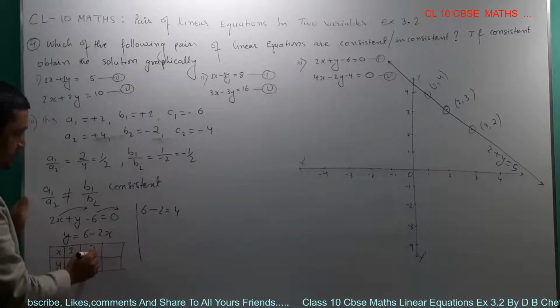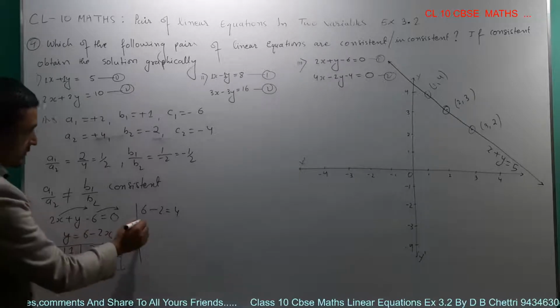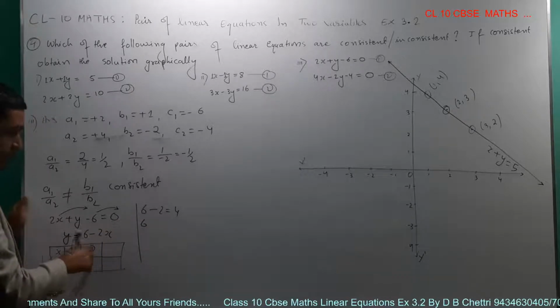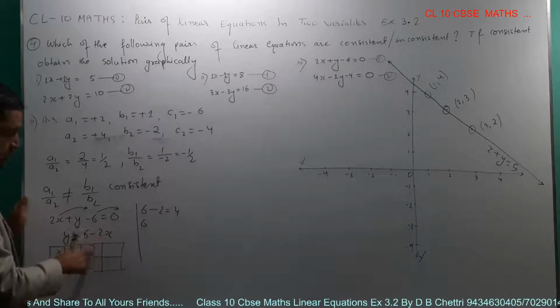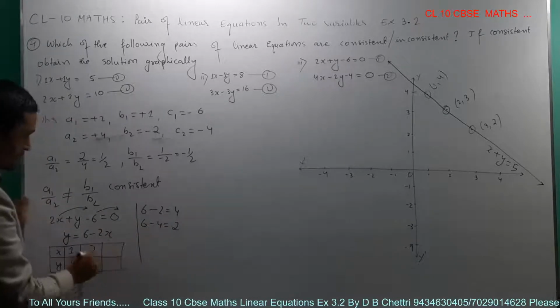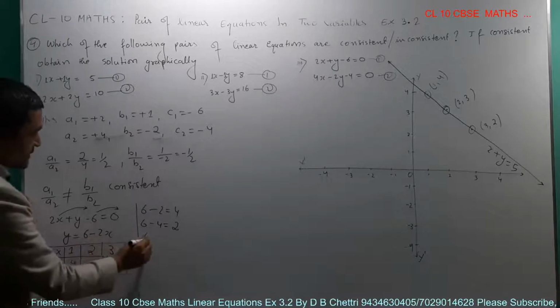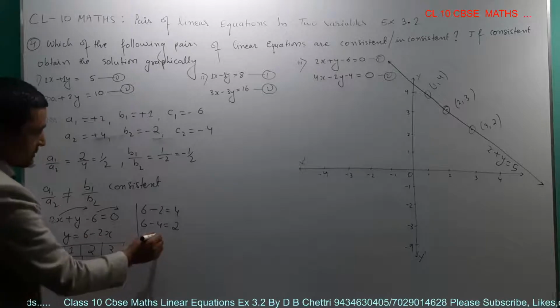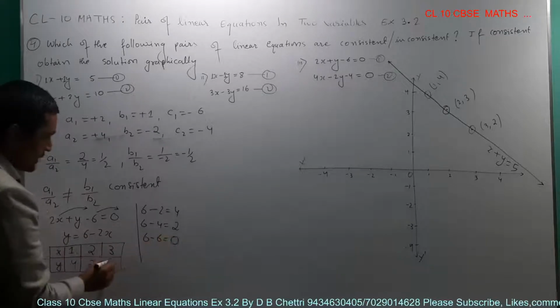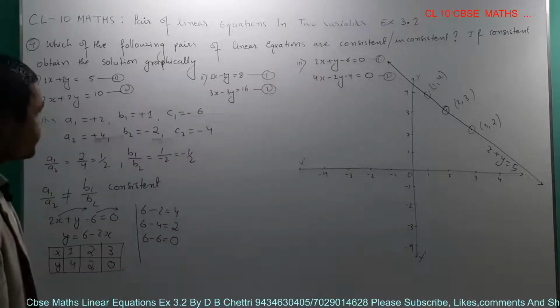Now let's use 2: 6 is there, 2 twos are 4, 6 minus 4 equals 2, y is 2. Then let's use 3: 6 minus 2 threes are 6, 6 minus 6 is 0, y is 0.